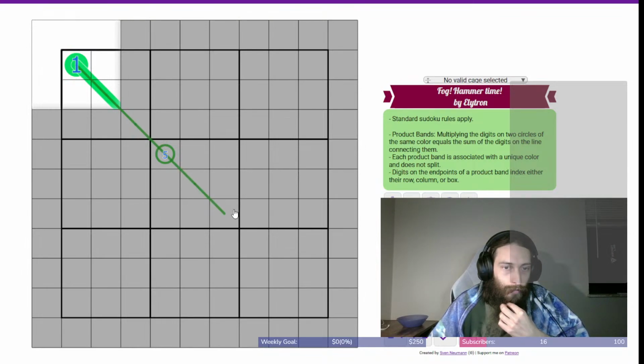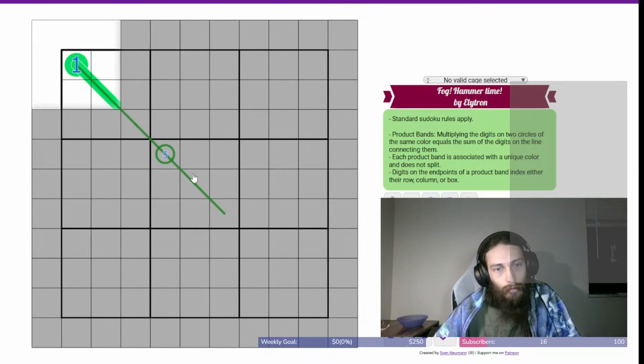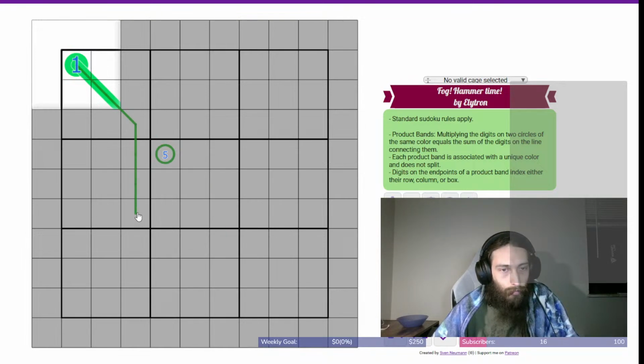But then if the sum was 6, then that's 1, 2, 3, 4 digits, 2 of which have to be 5. So that's a minimum 8, which was the same sum if I went straight down from there. 1, 2, 3, 4, straight to the right, to hit the 6th column.